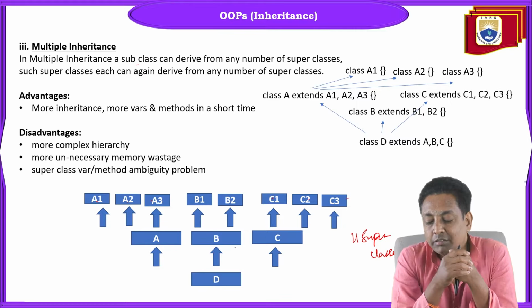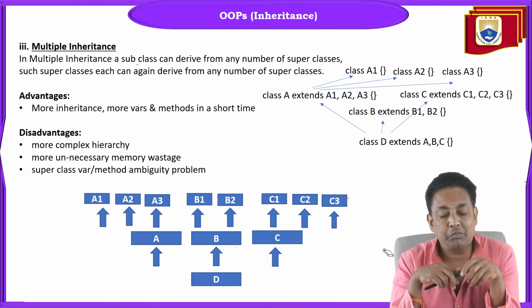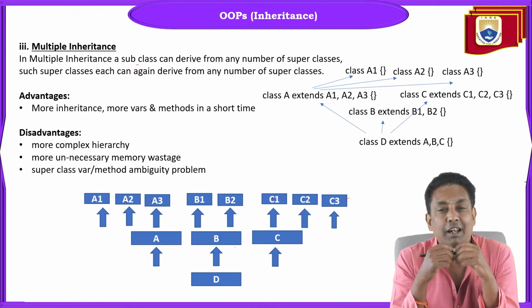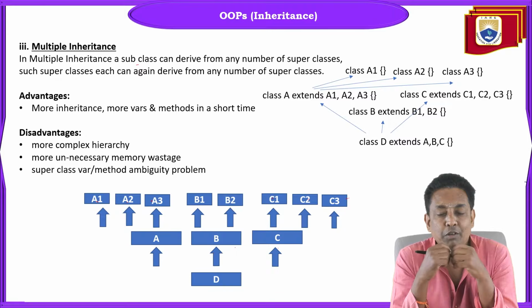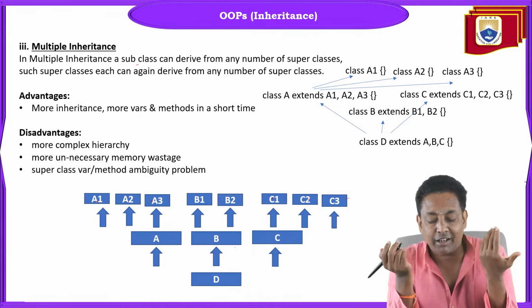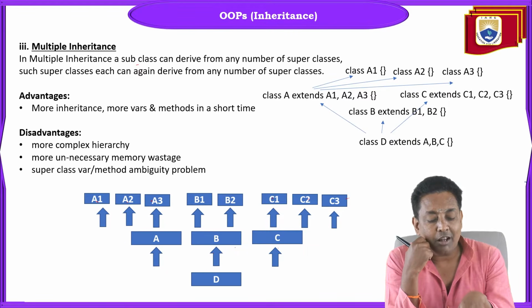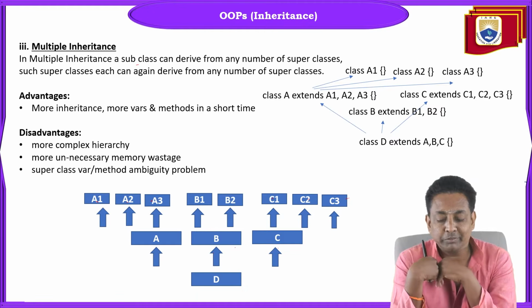That is one advantage. Coming to the disadvantage of multiple inheritance: more complex hierarchy. One day if you ask, who are your parents or grandparents? Tell me about your family tree hierarchy. Class D can tell up to one or two levels, not beyond that.